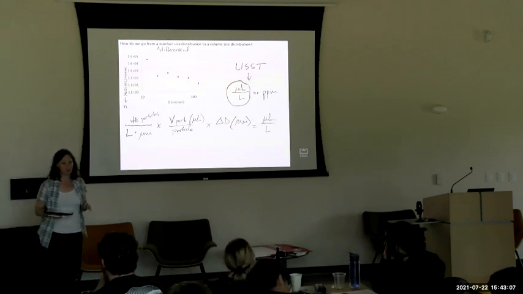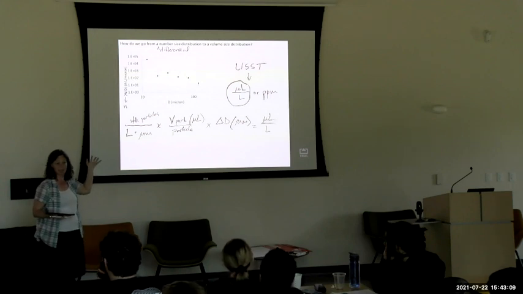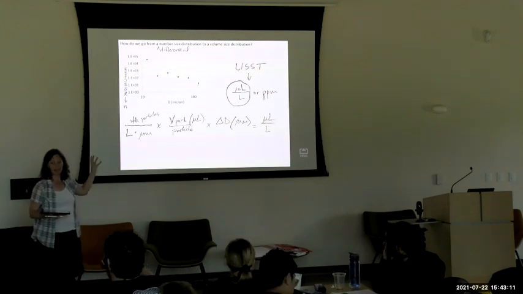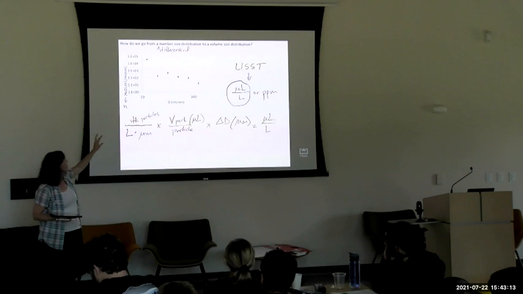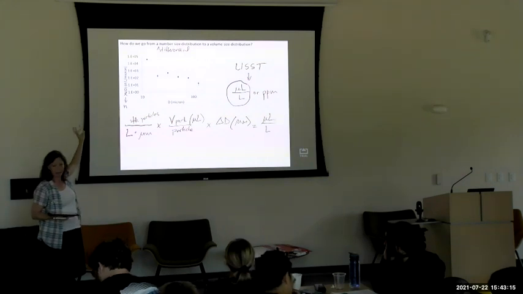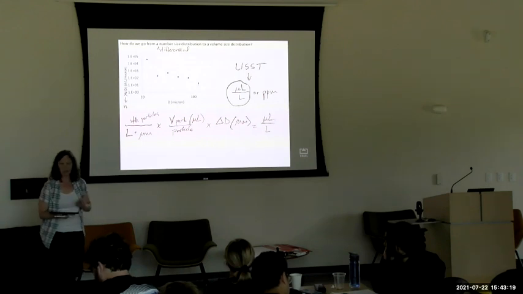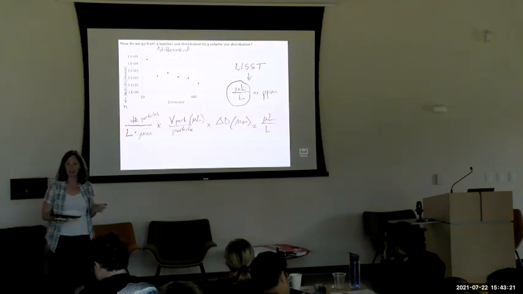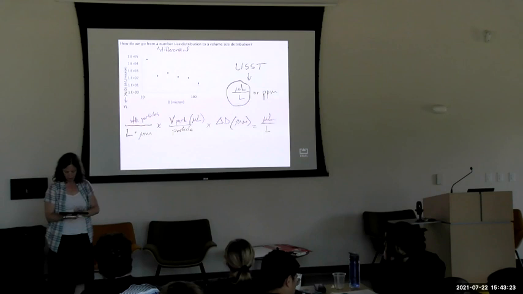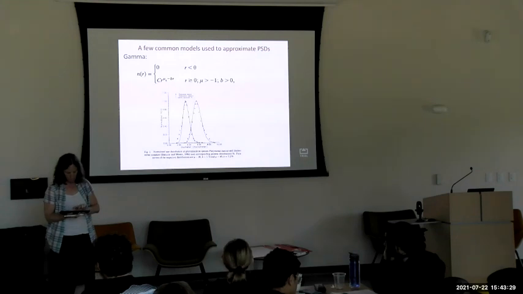So there's processes that are causing that, like there to be less in the sort of 20-ish micron range and more in the 10 micron and larger ranges relative to a power law. So those little differences often contain interesting and important information.